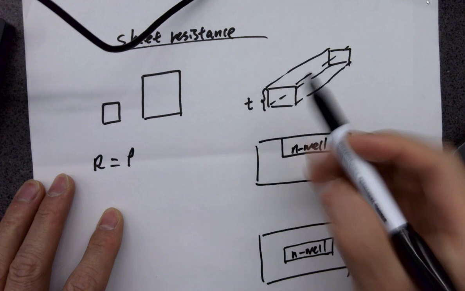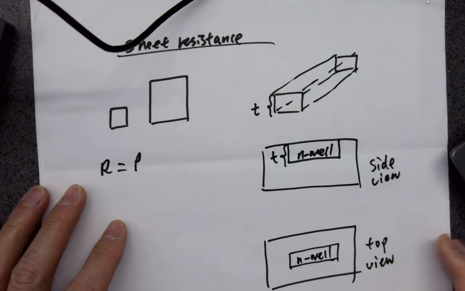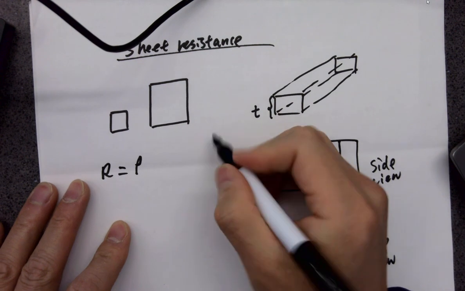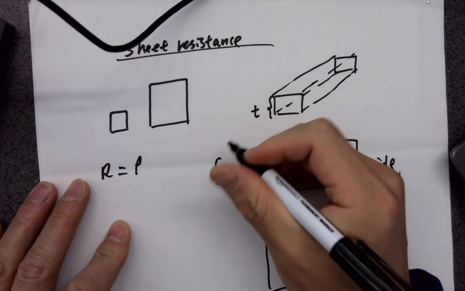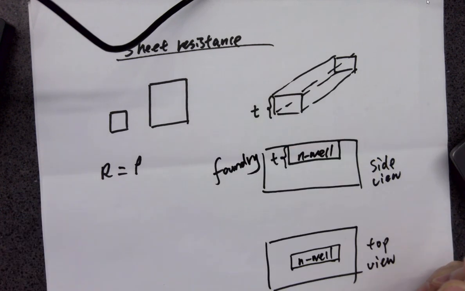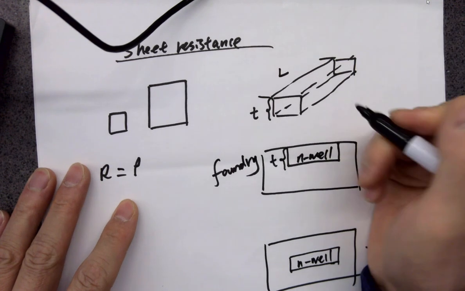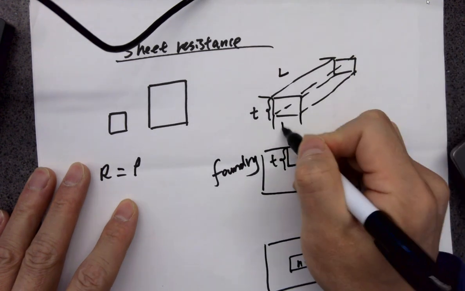Okay, so this is the thickness, this dimension. And you cannot change it because this is defined by the foundry's fabrication process. It's not changeable. And this one is the length, and this is the width, right?